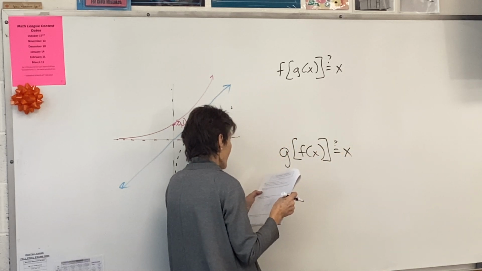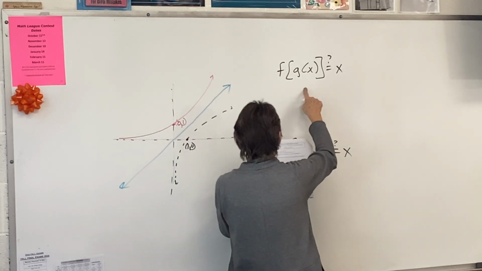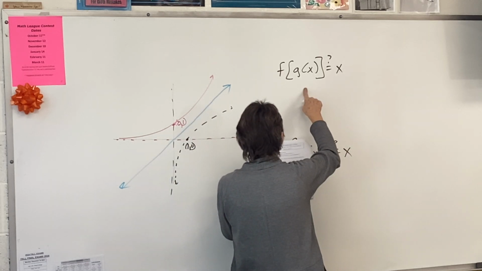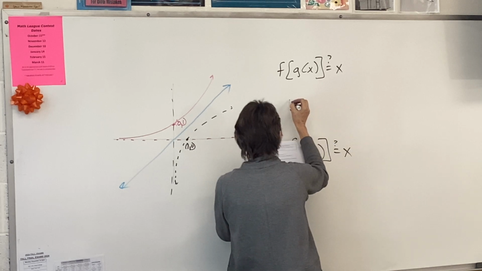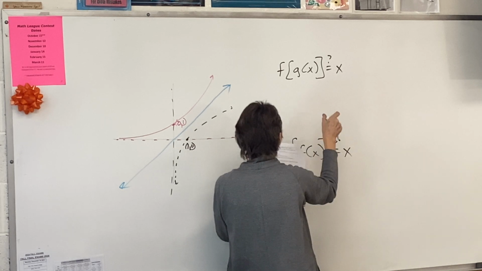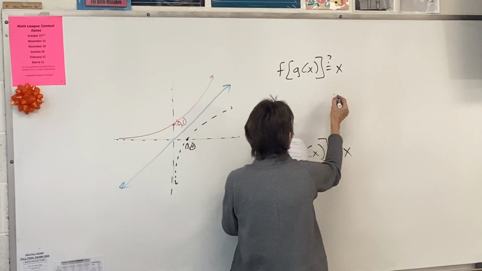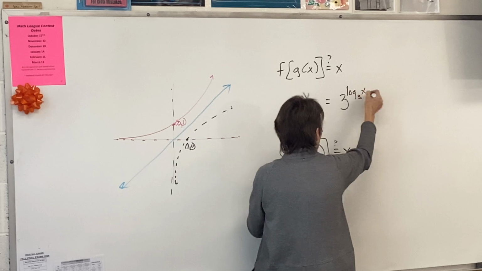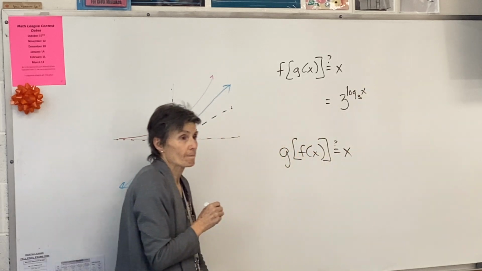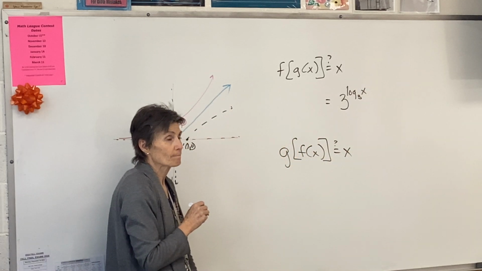So, this is f of g of x, means plug g into f. So that would look like 3 to the log base 3 of x. Would you agree with that?